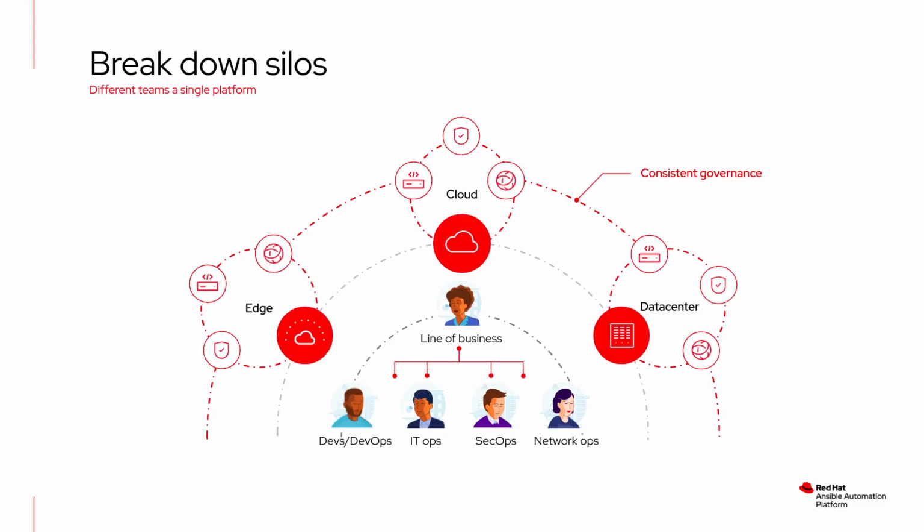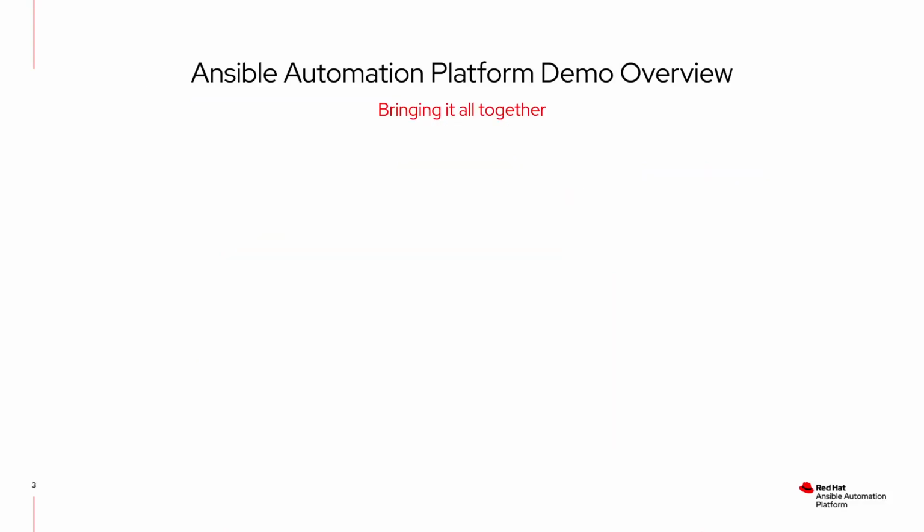And you need a platform to do it because you need to involve all of the stakeholders: the line of business, DevOps, IT ops, SecOps, network ops, and all the various other groups. So ultimately, that's what we do with this platform that we provide, is allow you to scale your automation across the enterprise.